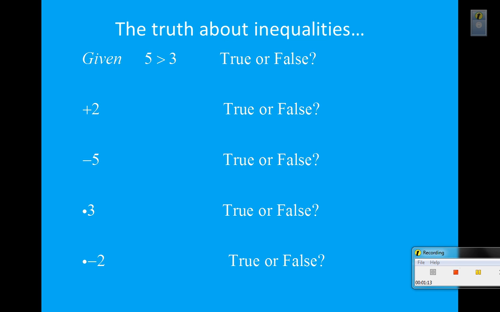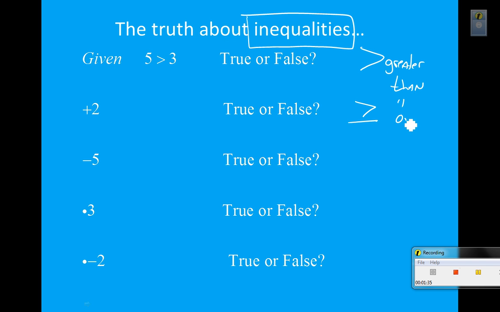What we mean by inequalities is this. If you see the word inequalities, that means you're going to see one of these four symbols. You're going to see this, which means greater than. You might see this, which means greater than or equal to.